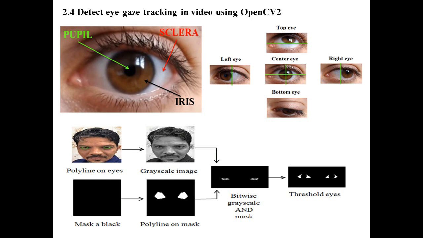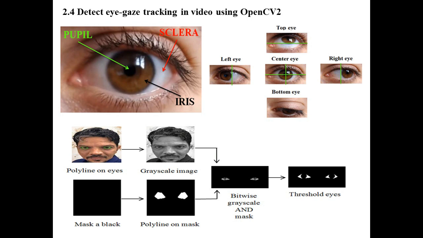The second part is called the iris, which refers to the largest circle of the eye, which can be a variety of colors depending on the person. The final portion, the sclera, because it is always white, can be used to track the eyes to determine the number of white pixels, as shown in the figure.